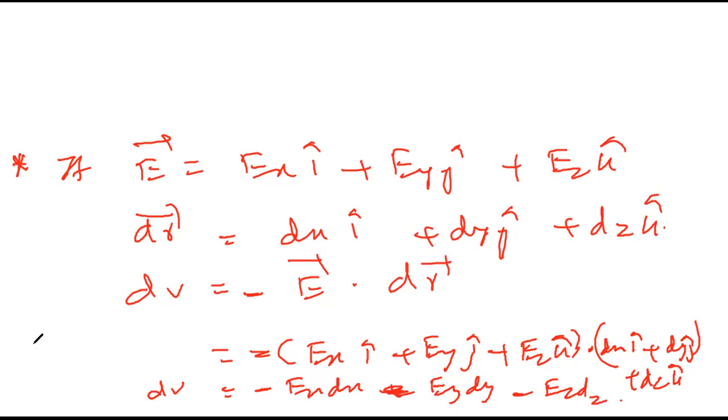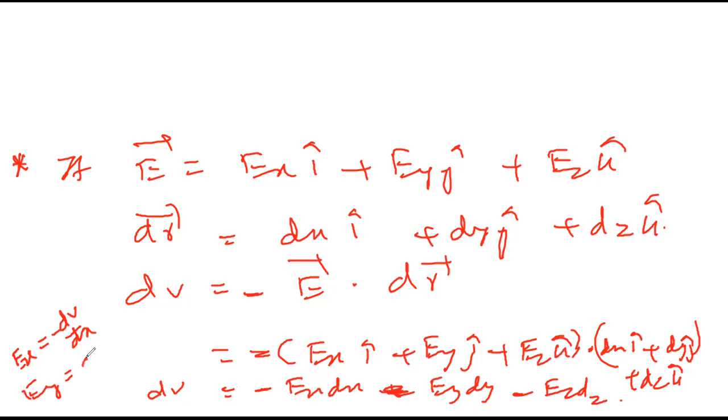That means can I say Ex is minus of dV by dx and Ey, Ez? When you partially differentiate this, then dV with respect to dx will be only this much. Now this all will become 0.